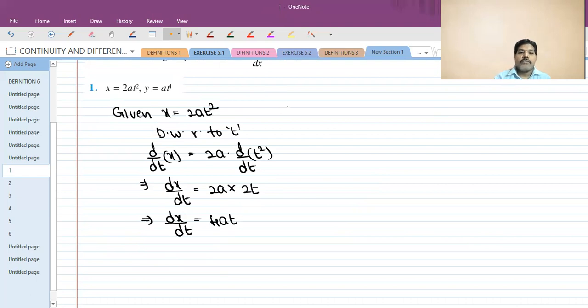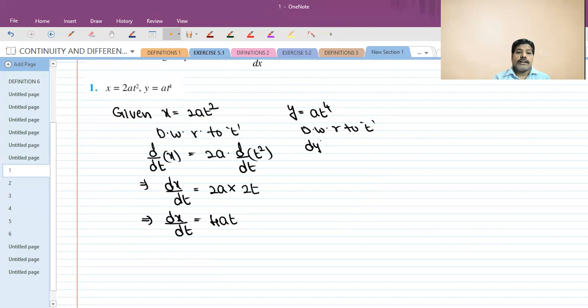Then I will take the y value, students. y is equal to a into t power 4. Next, here also, differentiate with respect to t. So dy by dt, that is with respect to t.